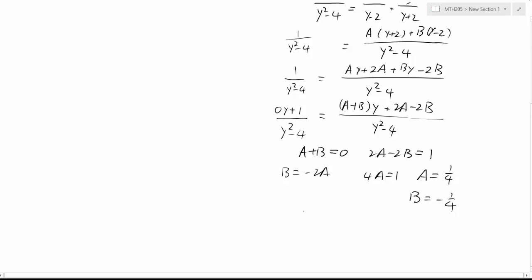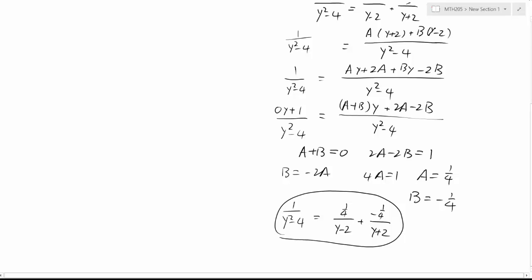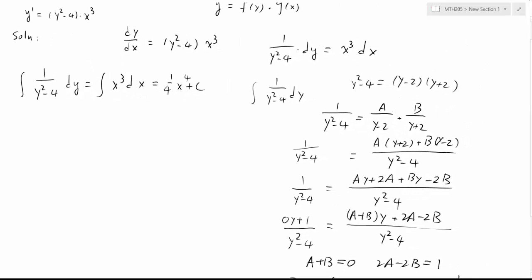What it means is that 1 over (y squared minus 4) can be decomposed into two simpler fractions. One is 1 over 4(y minus 2), and the other one is negative 1 over 4(y plus 2). Now we put this back into the equation so we can actually integrate this out.